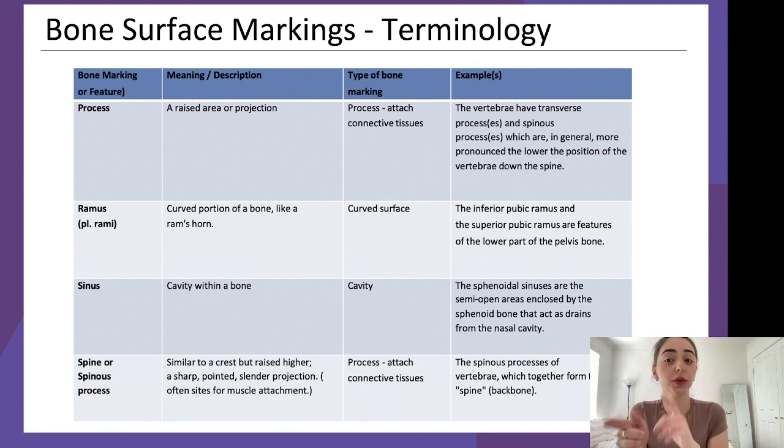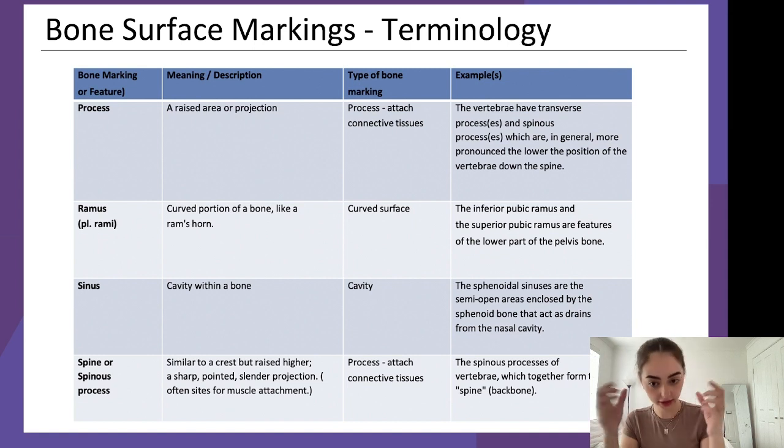This is one I want to talk about because when I first heard process, obviously you think something's happening. It's not a series of events. A process is literally when something is raised or projecting outwards of the bone or tissue. A ramus is a curved portion of a bone, like a ram's horn; think of it curved.